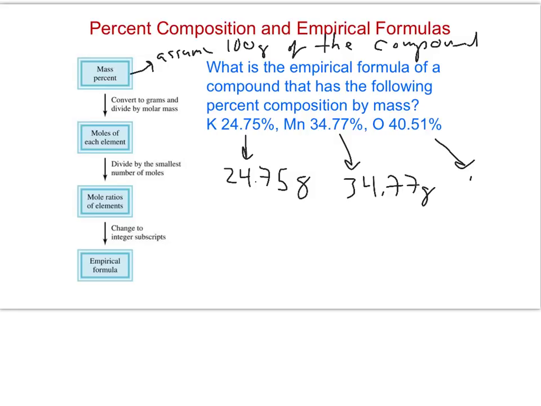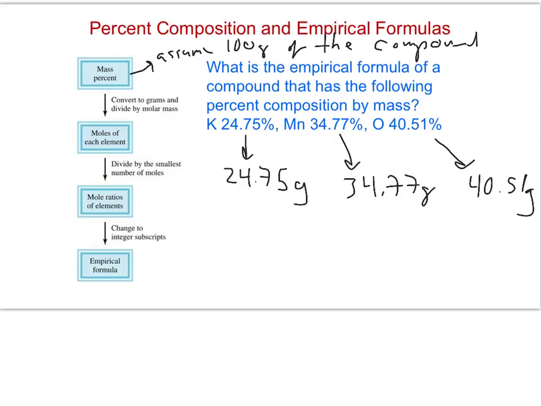You get the idea. And 40.51 grams would be oxygen. I know my G looked like an 8. So grams. So now you have masses of your compound, if you assume 100 grams.